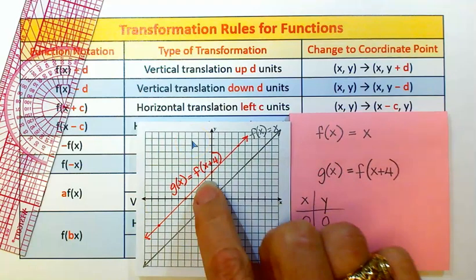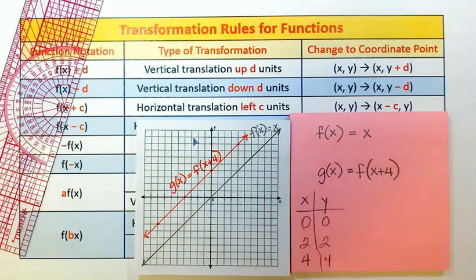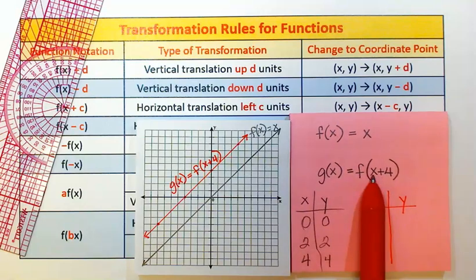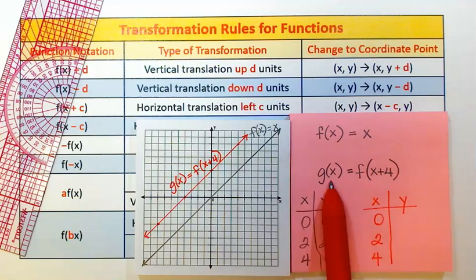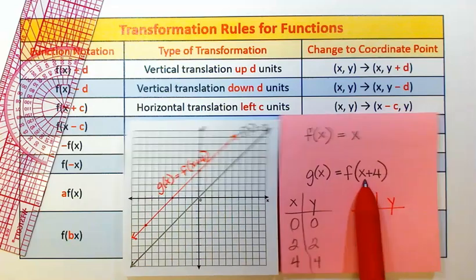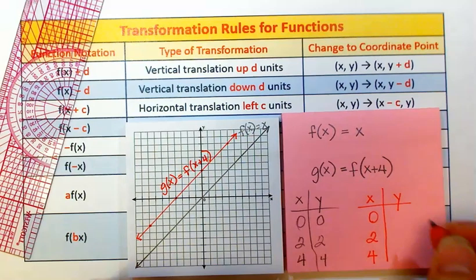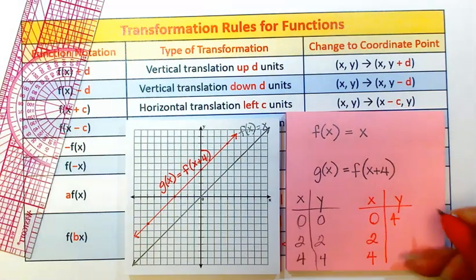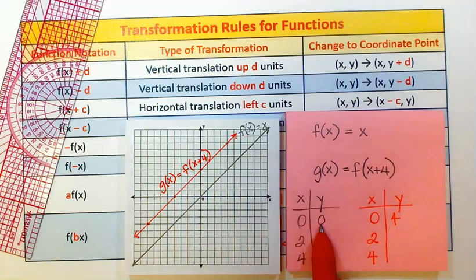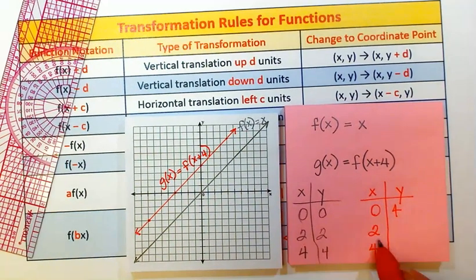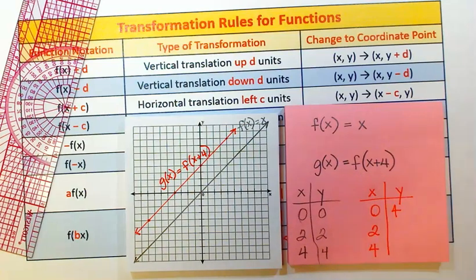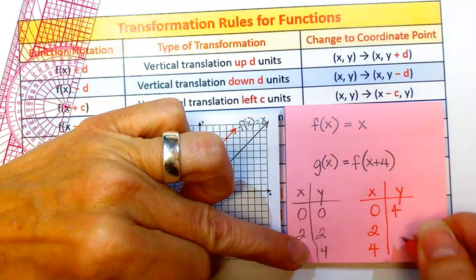Let's do that same thing, though, using this new equation. This time, when x is 0, put 0 in here. When x is 0, then the y value that I get is going to be 4, because it's 4 more than this original y value. When x is 2, the y value is 4 more than this original one.